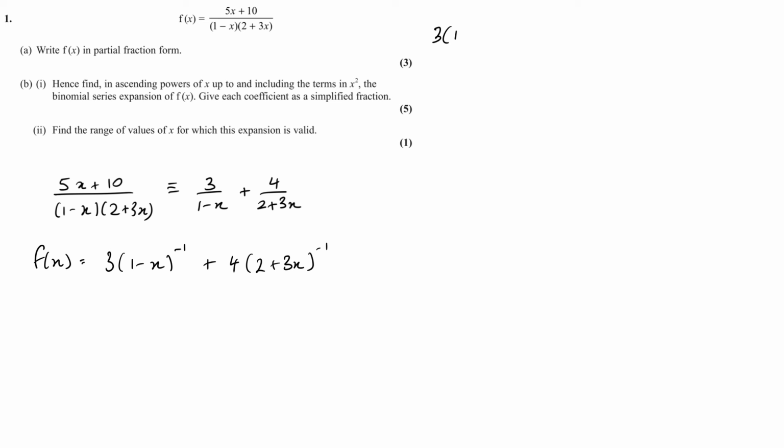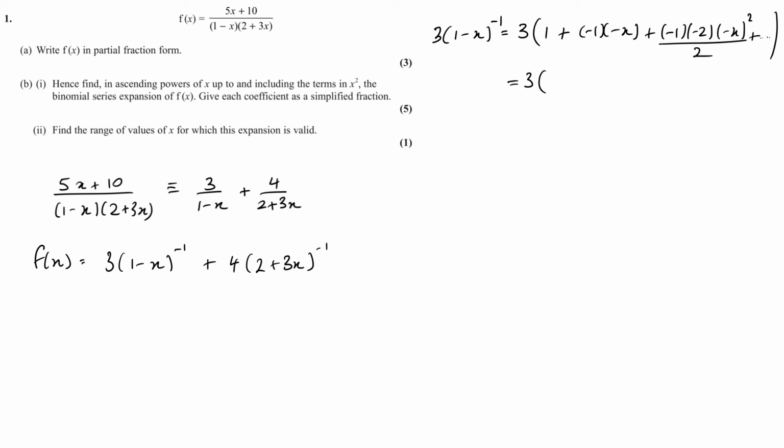So 3 and (1 minus x) to the minus 1. So keep the 3 outside, and then we have 1 plus minus 1 times minus x plus minus 1 times minus 2 times minus x squared all over 2 factorial. And then that's as far as we need to go, just to the x squared term.